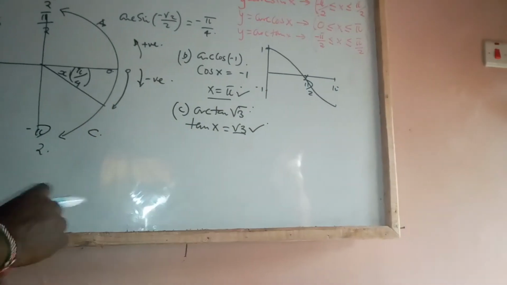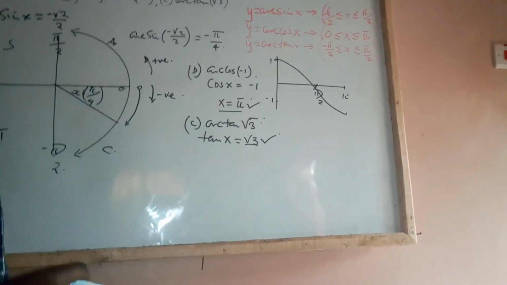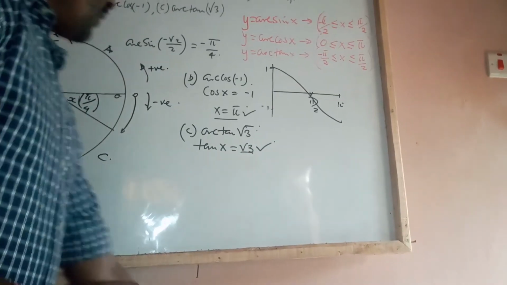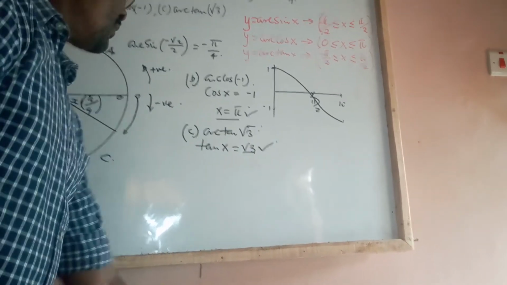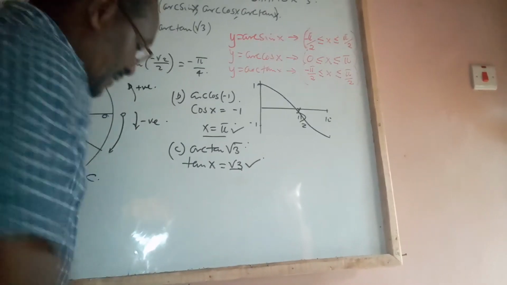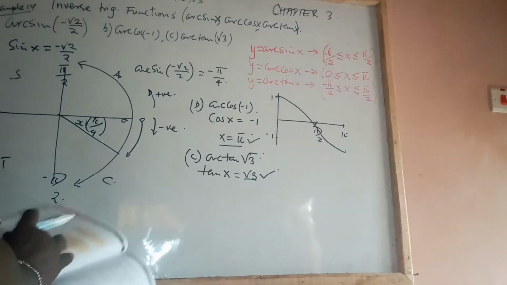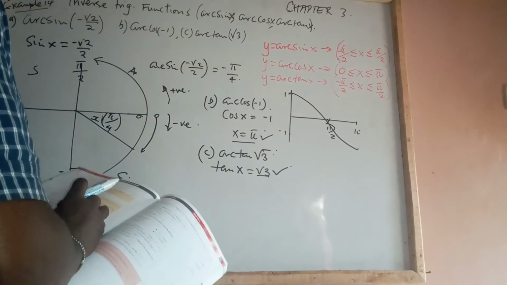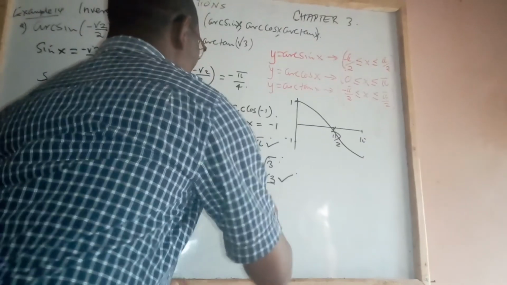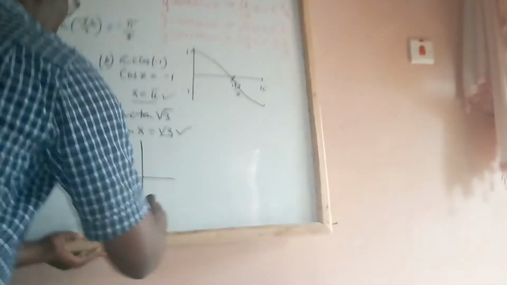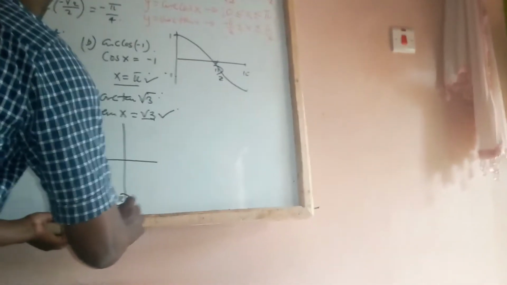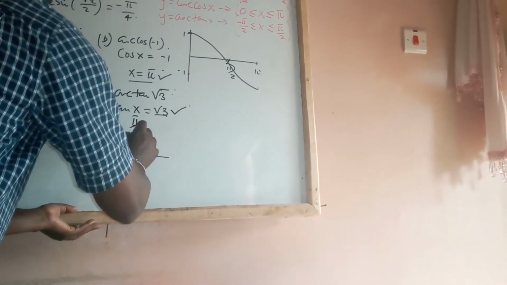Beyond those ranges, it does not have an inverse. So if there was a certain angle x whose tangent was root 3, then we are talking of from -pi/2 all the way to pi/2.